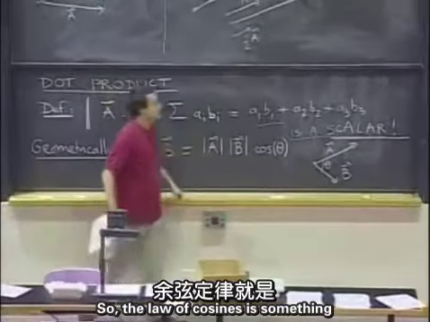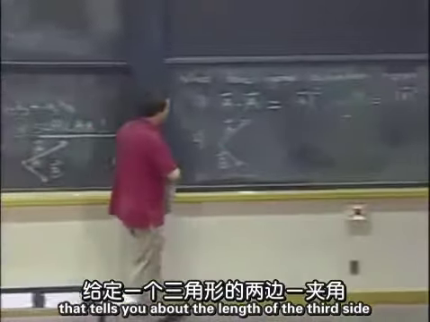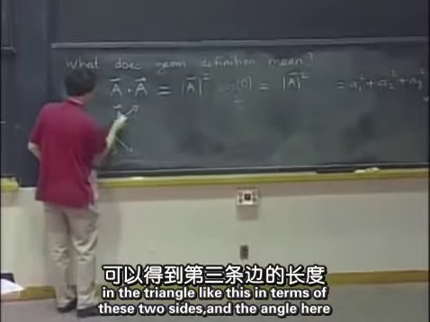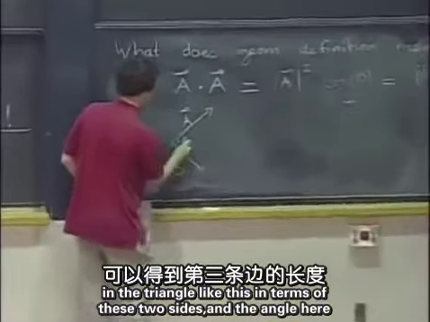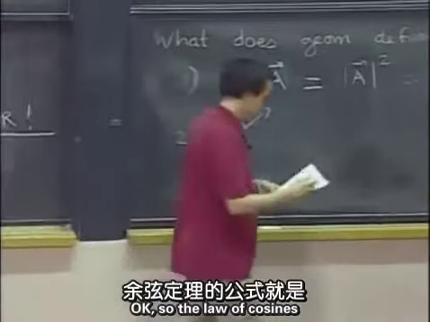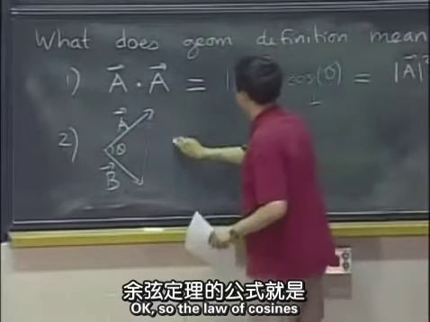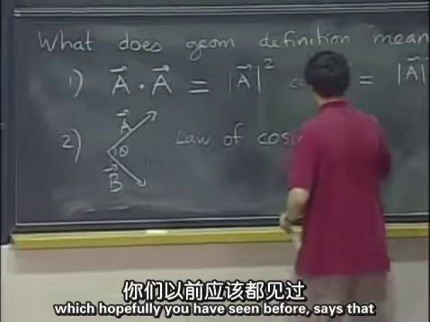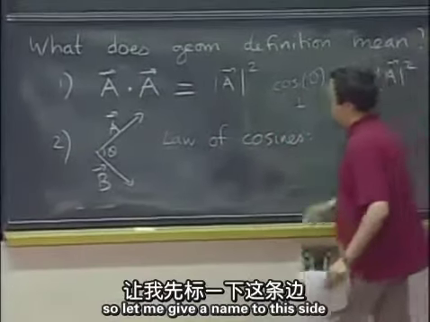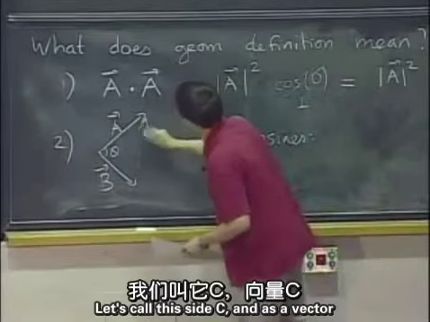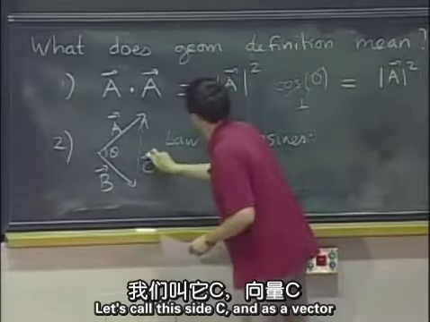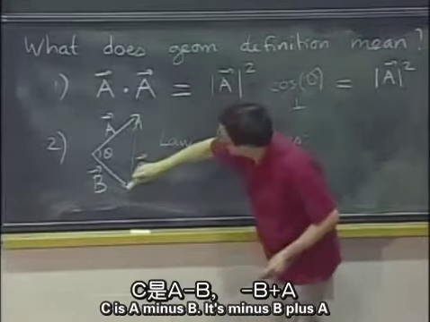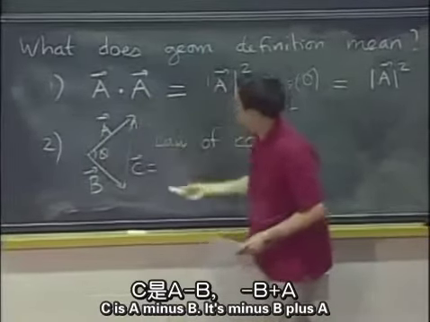The law of cosines tells you about the length of the third side in a triangle like this in terms of these two sides and the angle here. Let's call this side C, and as a vector, C is A minus B.